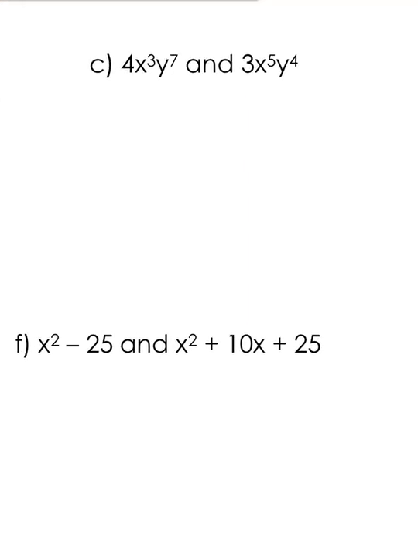All right, C, we're looking at, again, constants. We have x values, and we have y values. So for 4 and 3, it would be 4, 8, 12, 16, 20. 3 is 3, 6, 9, 12, 15.